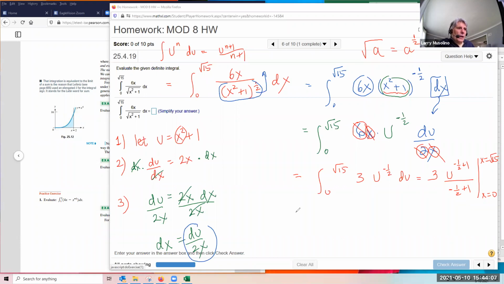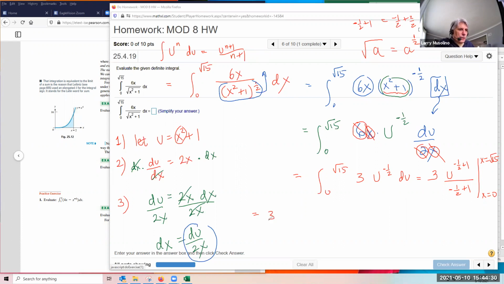All right, well, let's go work this out. This is going to be, let me work out negative 1/2 plus 1. Negative 1/2 plus 1 is negative 1/2 plus 2 over 2, but that's just equal to 1/2.